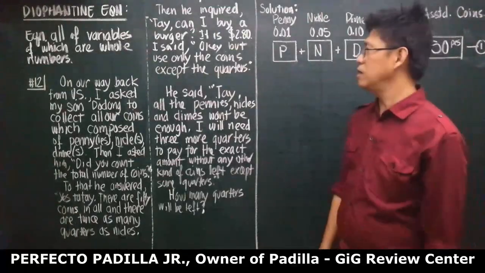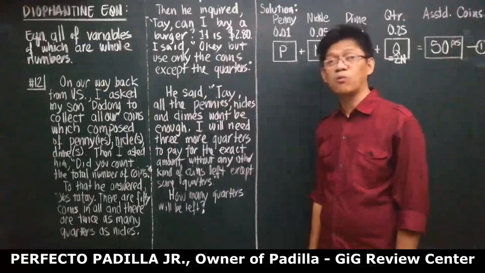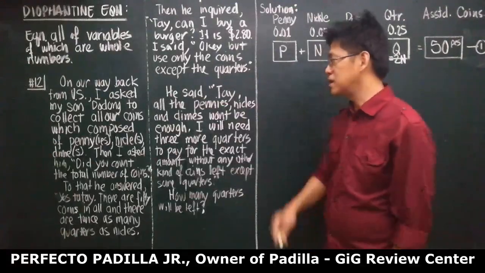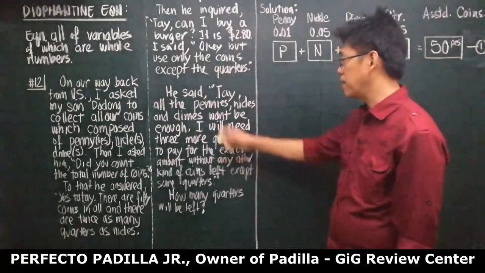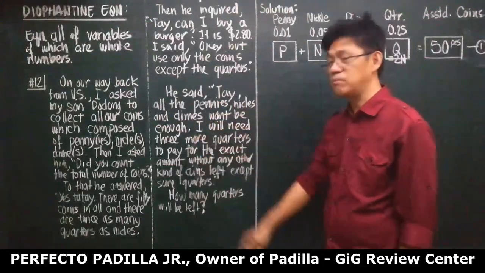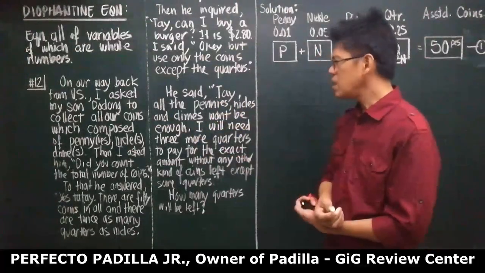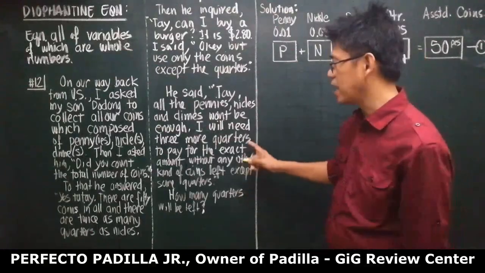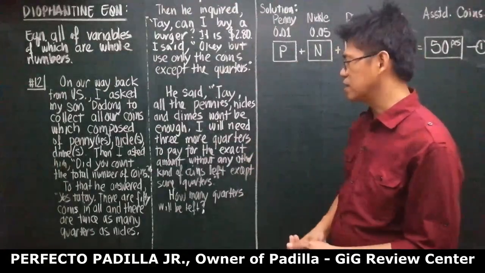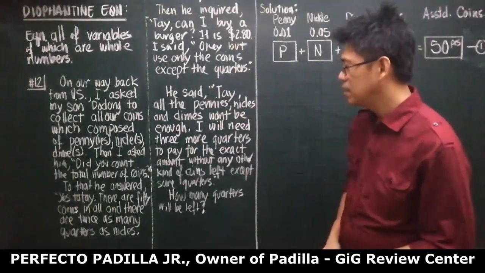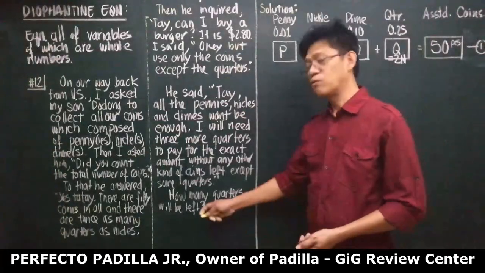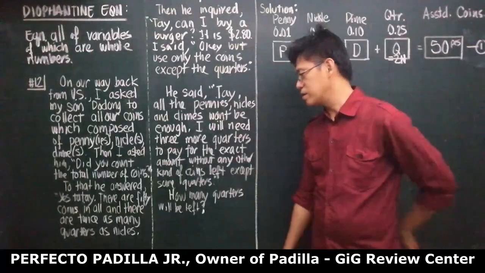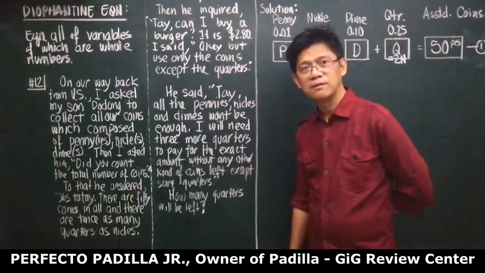I said, okay, but use only the coins except the quarters. He said, Ty, all the pennies, nickels, and dimes won't be enough. I will need 3 more quarters to pay for the exact amount without any other kind of coins left except some quarters. The question is, how many quarters will be left?